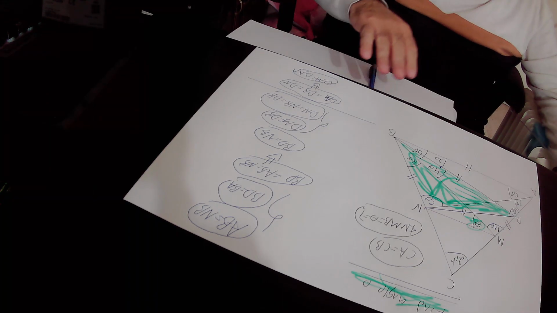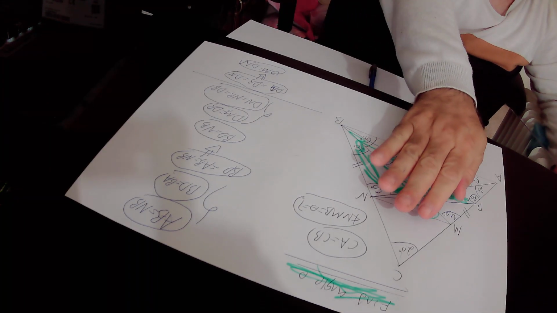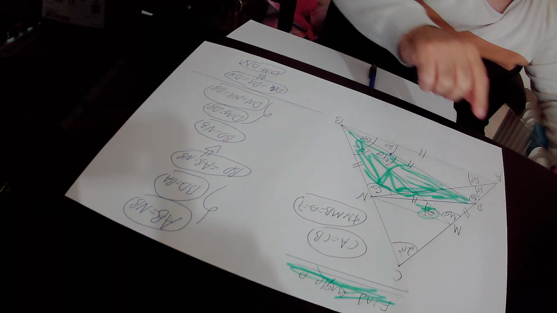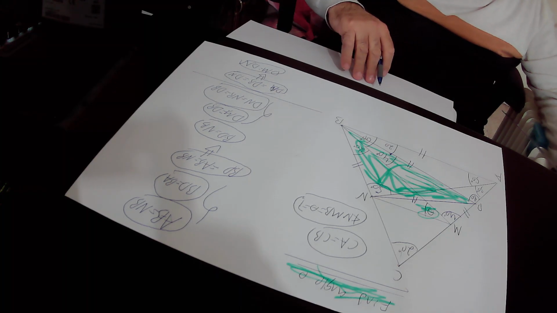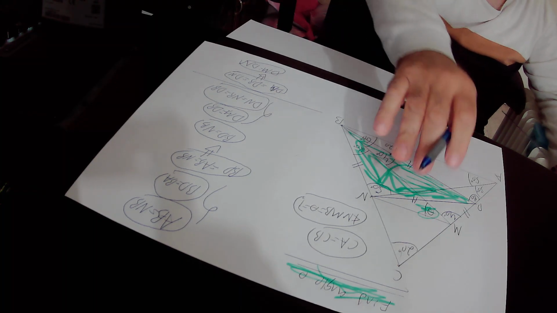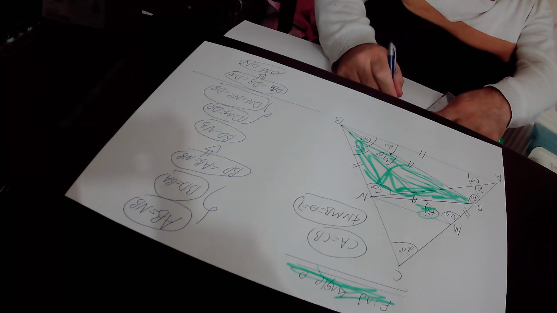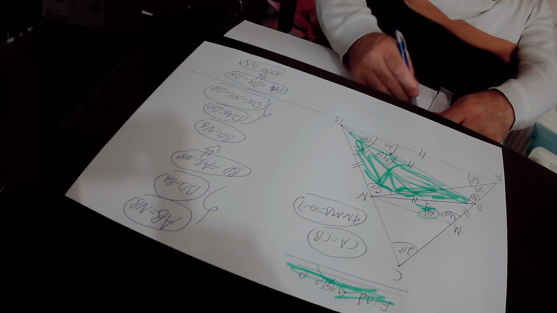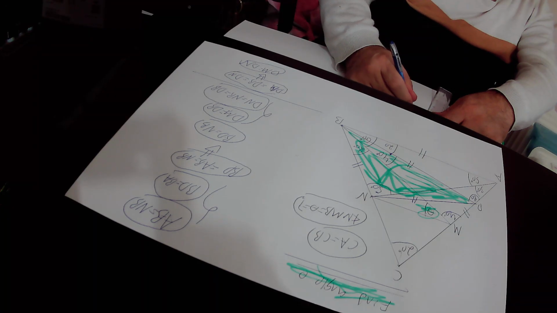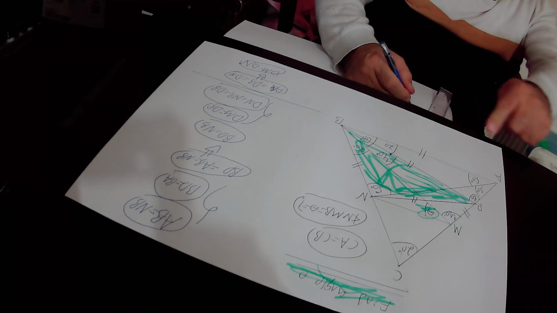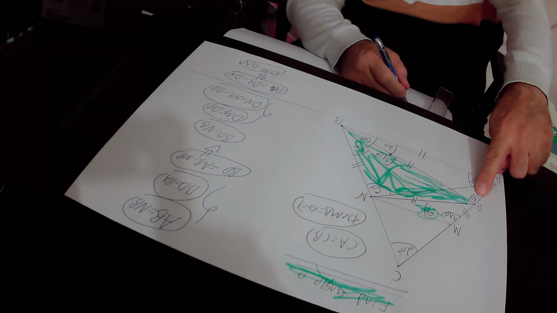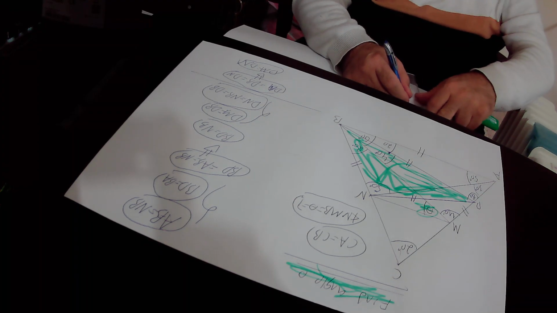In the next step, we will focus on this side of the straight line CA at point D. So, which angles do we have on this side of CA at point D? We have this angle that is equal to 80 degrees in size.